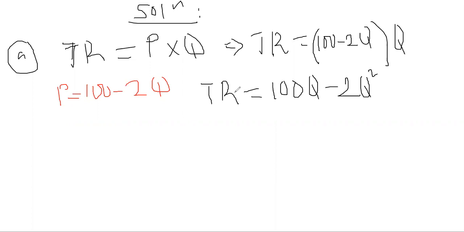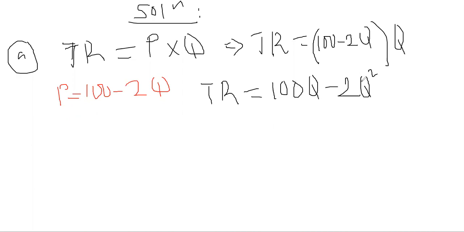So you realize that this total revenue function is a quadratic equation. Of course, the constant term there is 0, it is missing. Sometimes in a quadratic equation the constant term can be missing. Even the linear component could be missing.